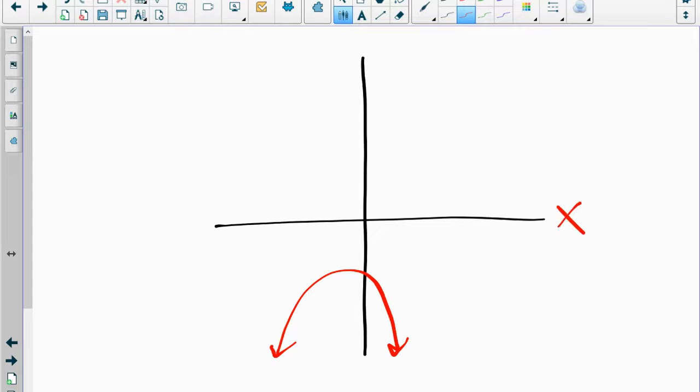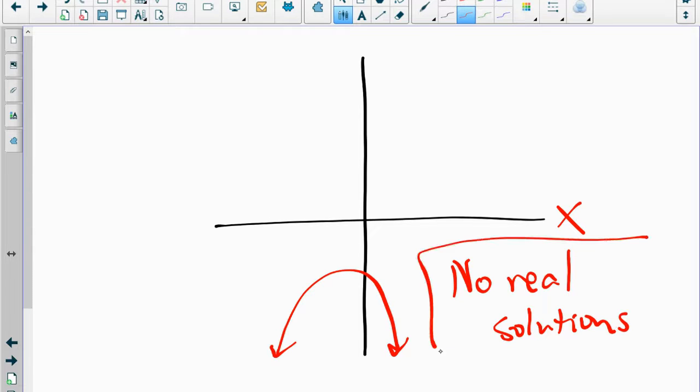If this is my x-axis, how many times did the graph cross the x-axis? It didn't. So in this case, we would say that there are no real solutions. We'll find out later that there are imaginary solutions, but there are no real solutions, because we don't have any x-intercepts on the graph. So if that happens in any of your work today, no real solutions is your answer.